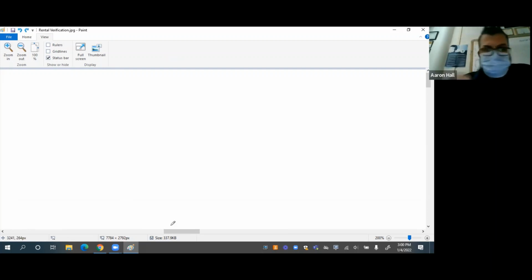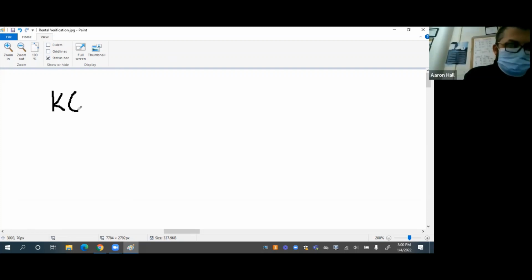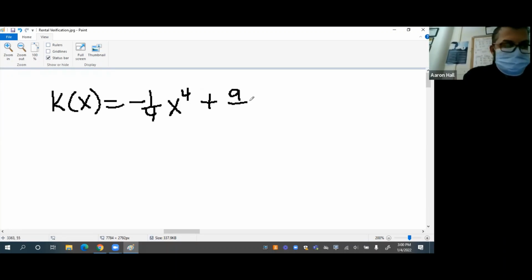Same directions. What are the directions? Do you want some think time on this? You're trying to find max, mins, and inflection points without a calculator.